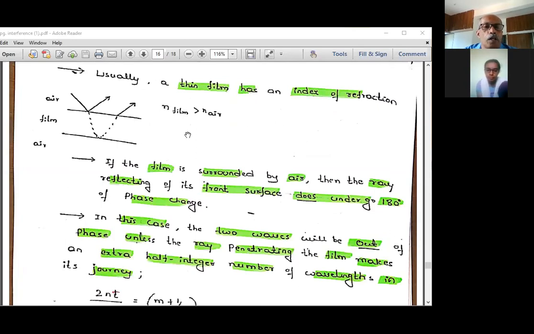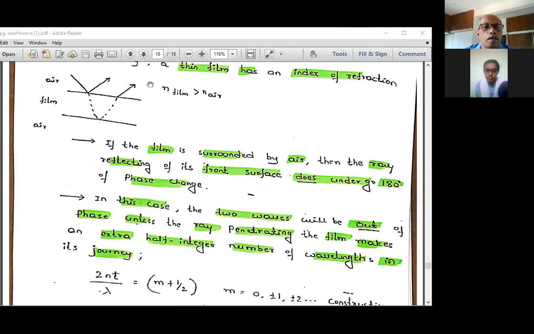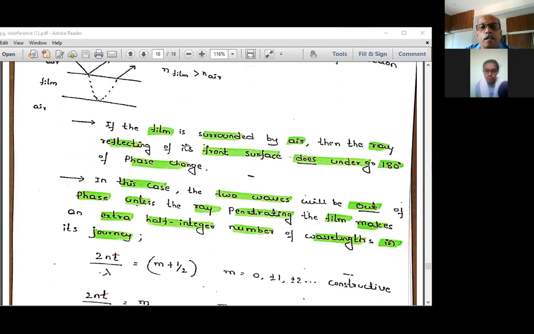Usually, the refractive index of the thin film will be greater than the refractive index of air. Here we'll have refractive index of 1. For glass, it will be around 1.5. If the film is surrounded by air, then the ray reflecting from its first surface will have a phase change of 180 degrees.